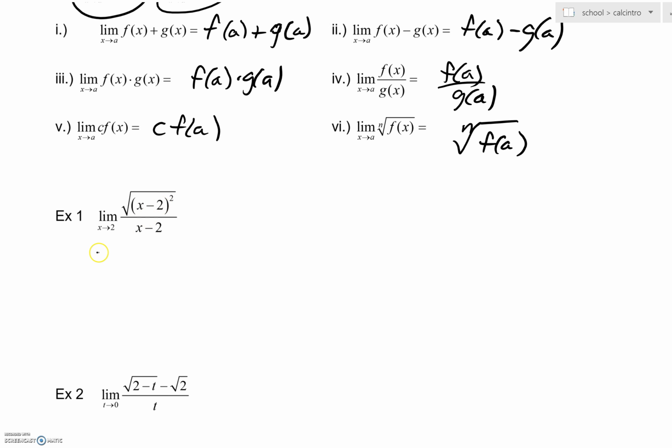Well, look at this. The limit as x approaches 2 here, you could see that the square root of x minus 2 squared is actually the absolute value of x minus 2. Wow, would you look at that? That's super important. Hey, you actually get some help reviewing for the quiz right now.